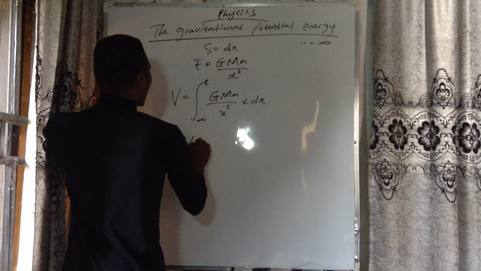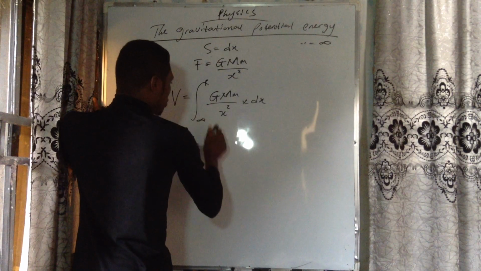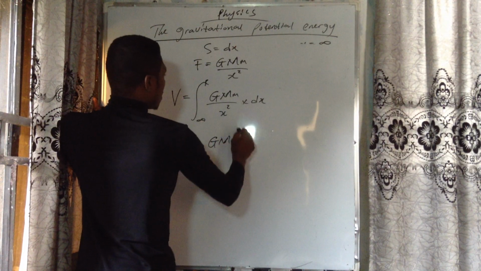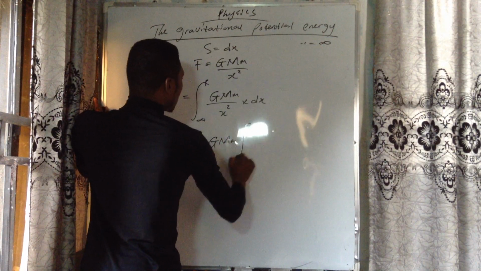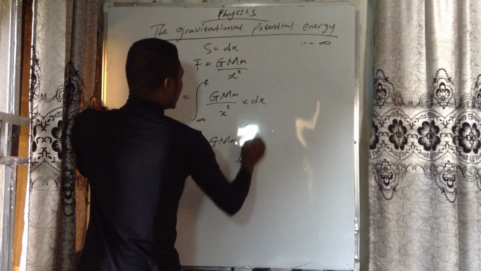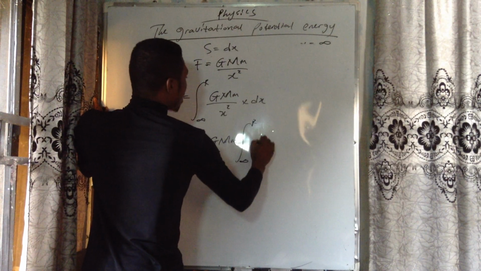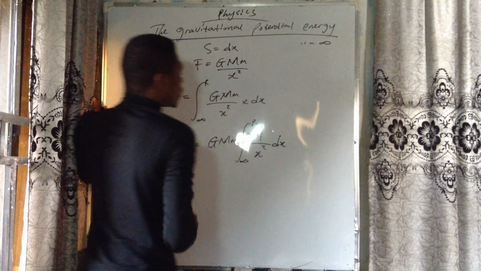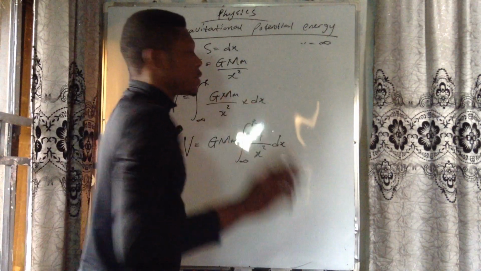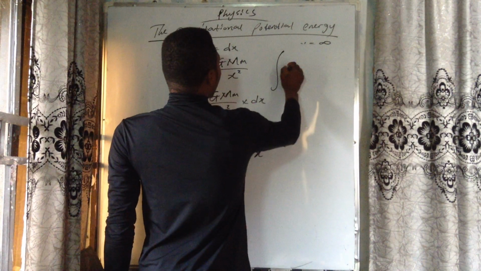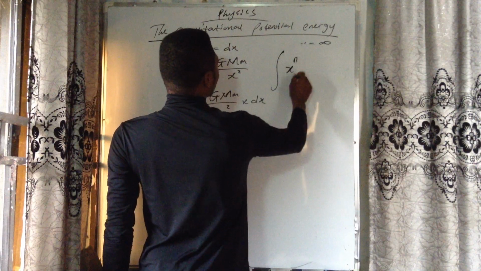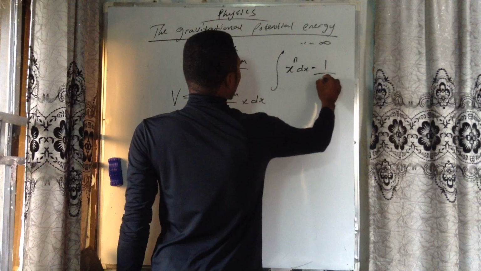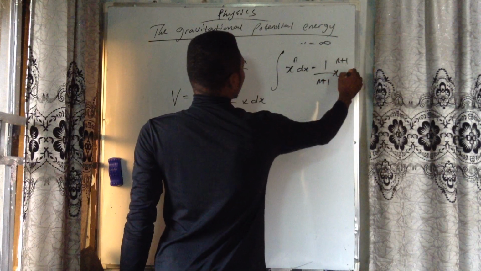So V is equal to GMm times the integral from infinity to r of 1 over x squared dx. Let us evaluate this integral. You know that the integral of x raised to power n dx is equal to 1 over n plus 1 times x raised to power n plus 1, plus c.